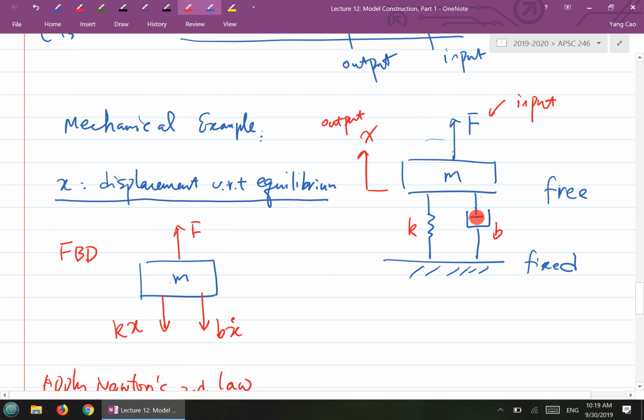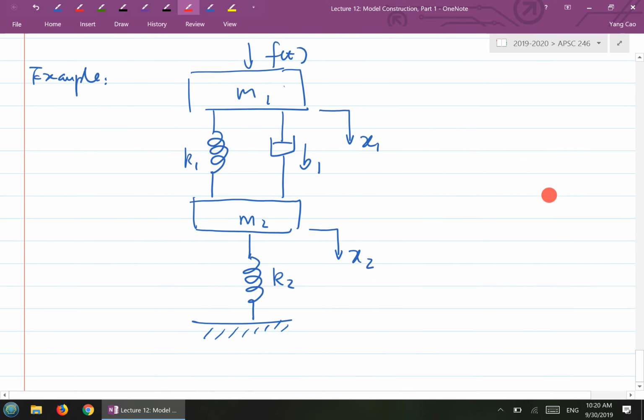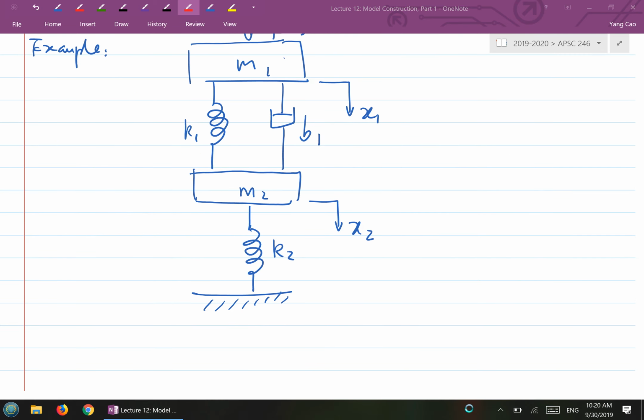This can be a very simple representation of the car suspension system. Your car has a spring, has a damper. This is the body, the total mass of the car, and that could be a very simple representation. And if you feel like your car is much more complicated, maybe this is the system. Who knows? But that's the point. Whatever we're doing here is quite closely related to constructing an actual model of the system.